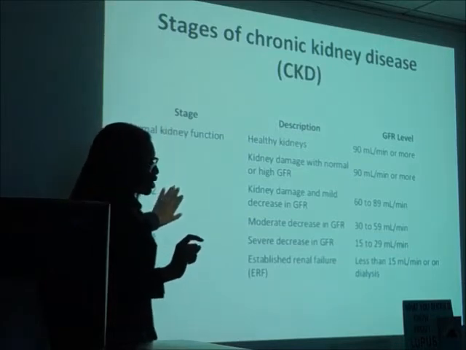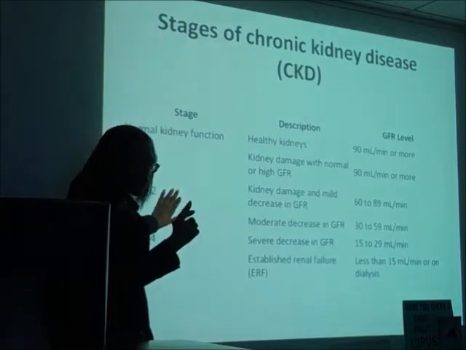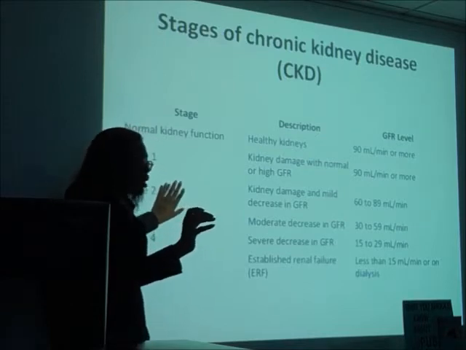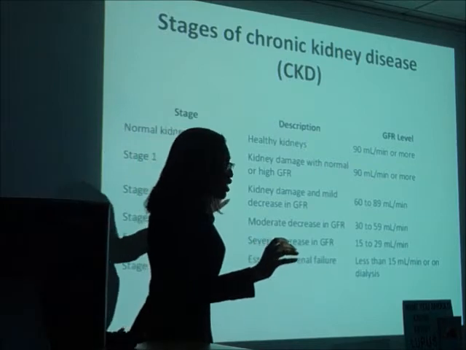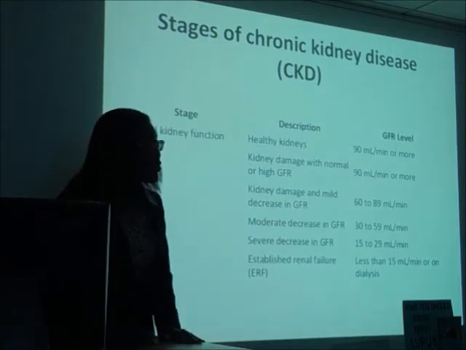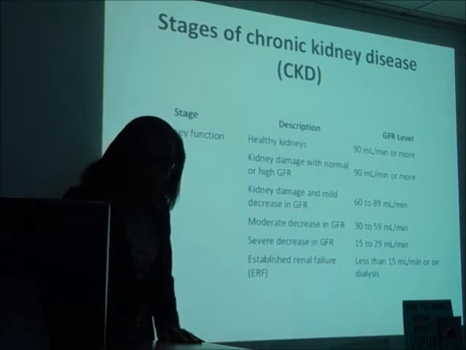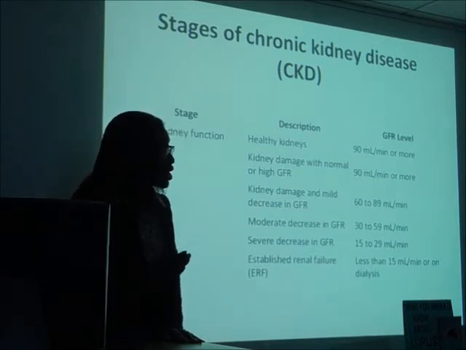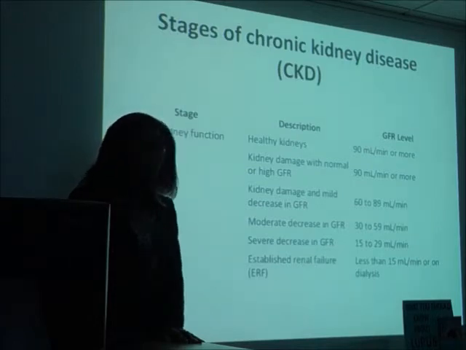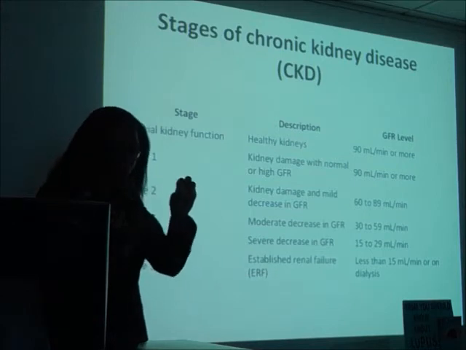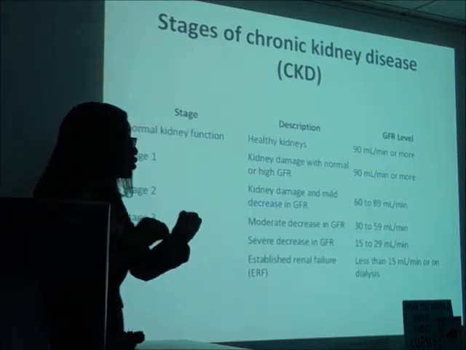So acute kidney injury, the word acute, can usually be reversed, but not always. Now that's different from the chronic kidney disease that we're often dealing with in the context of lupus. And what we mean when we talk about chronic is that it is progressive. But does that mean we should give up? No. Because if we detect it on time, we can put in checks and balances to try and slow that progression.